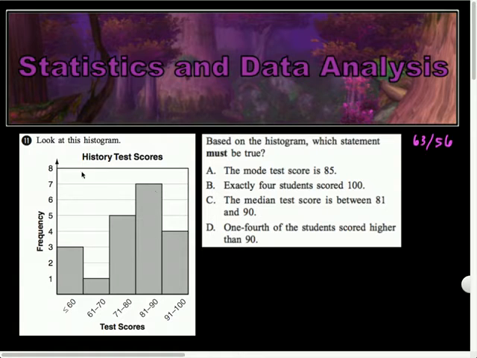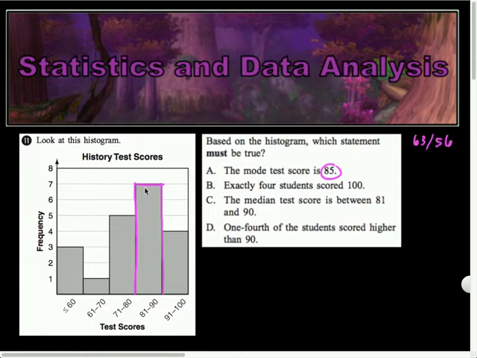So if I look at the ones occurring the most, I see that I have 7 students with grades between 81 and 90. However, this says that 85 is the mode test score. In a frequency distribution, or a histogram, which is what we technically have here, I don't know what the grades of these 7 students were.